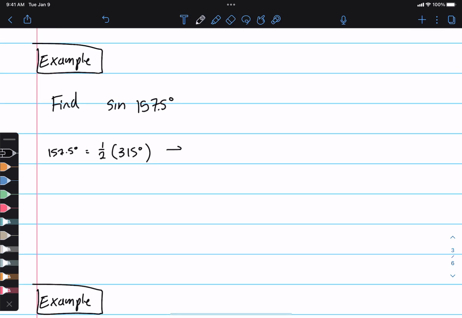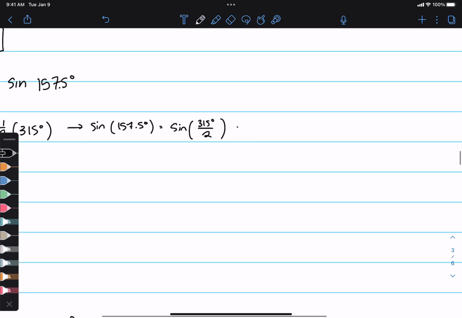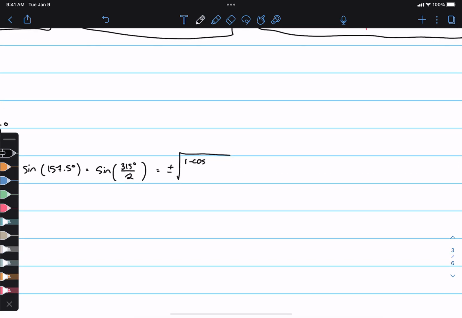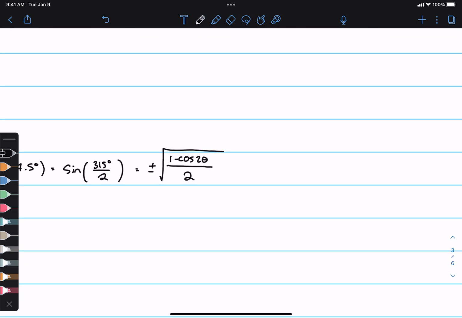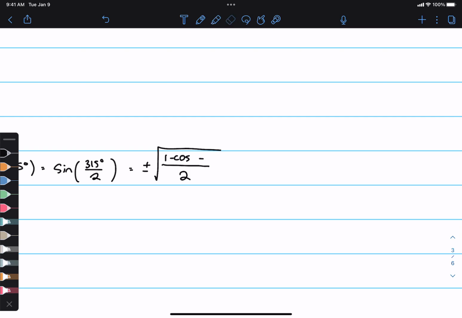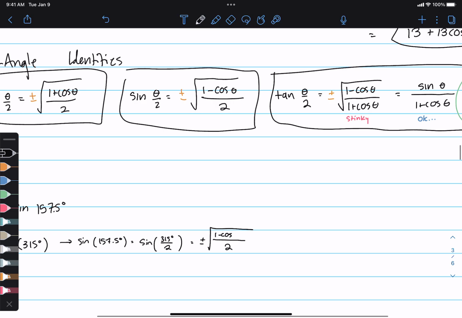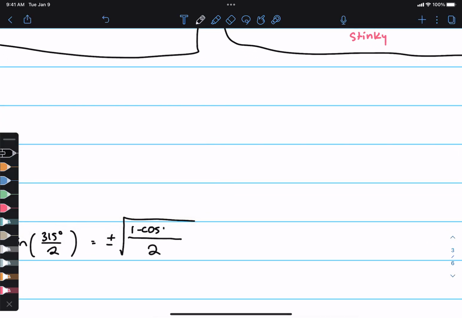So that means that the sine of 157.5 degrees is the sine of 315 degrees divided by 2, which is going to be plus or minus the square root of 1 minus cosine of theta, all divided by 2. And theta is, of course, 315 degrees.